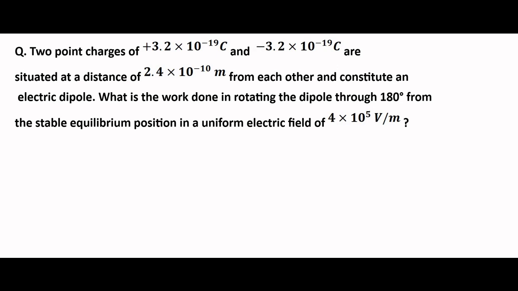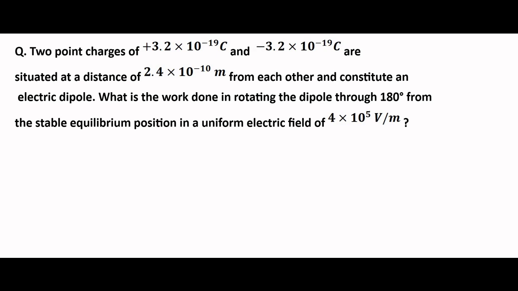What is the work in rotating the dipole through 180 degree from the stable equilibrium position, in a uniform electric field of 4 into 10 to the power 5 volt per meter.